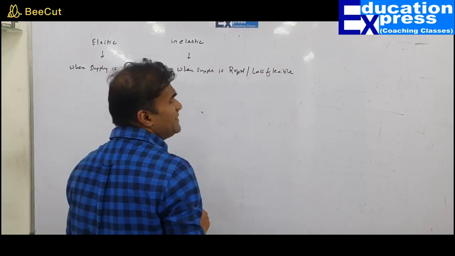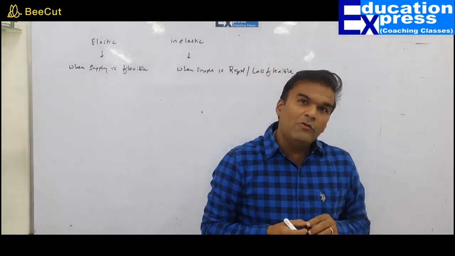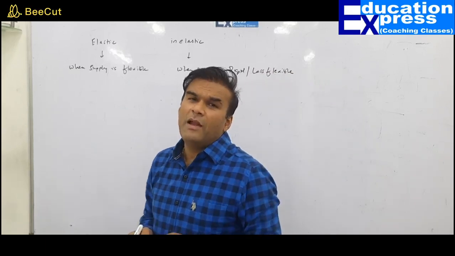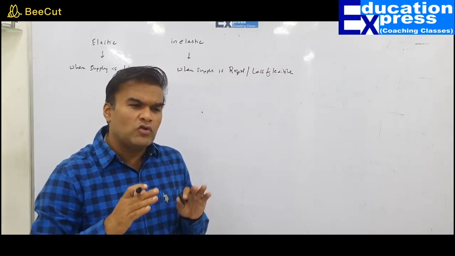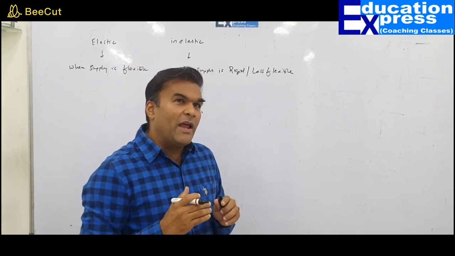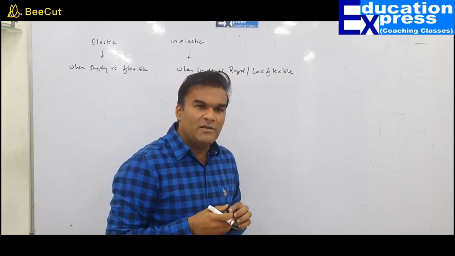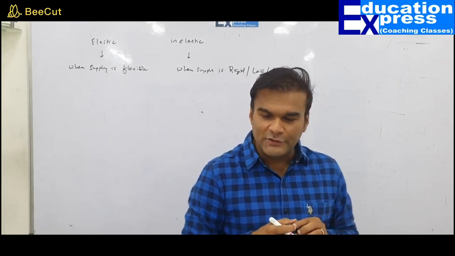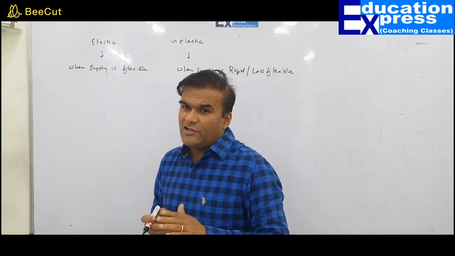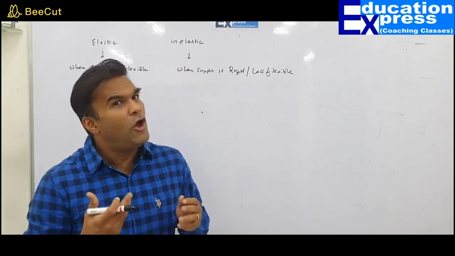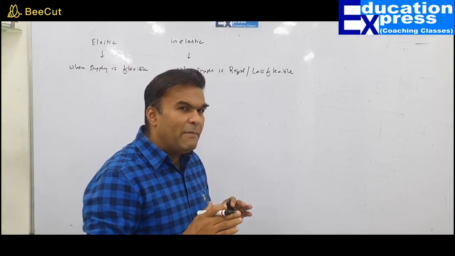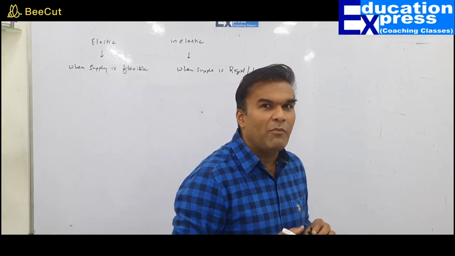And the third is equally proportional. The proportionate change in price is just equal to the proportionate change in supply. That means if the price changes by 10%, supply will also change by 10%. Price changes by 20%, supply also changes by 20%. So both of them are equally balancing each other in the same proportion.